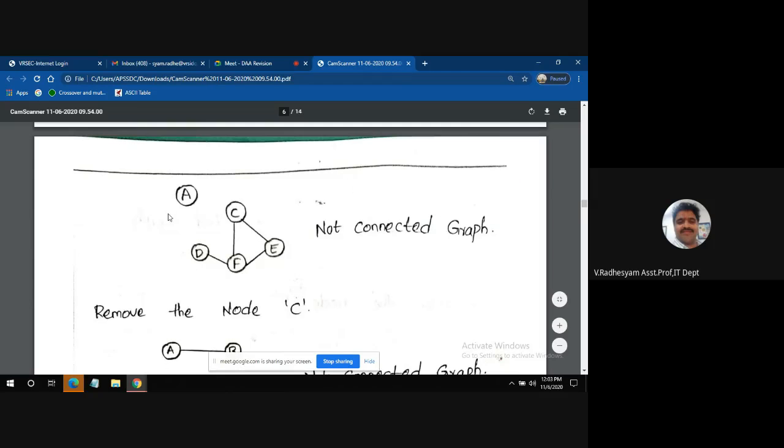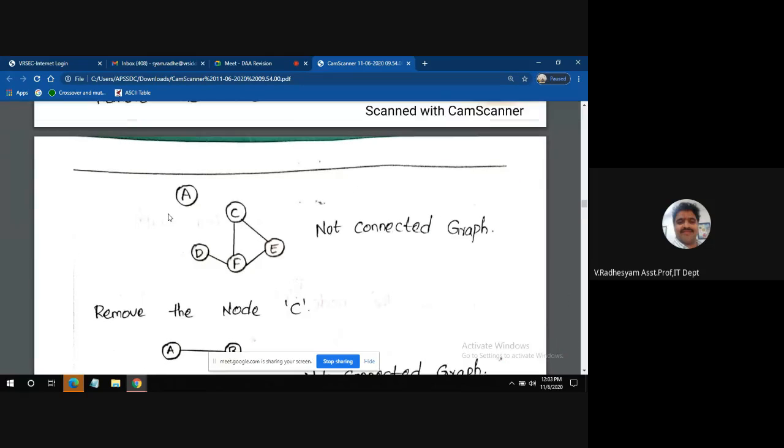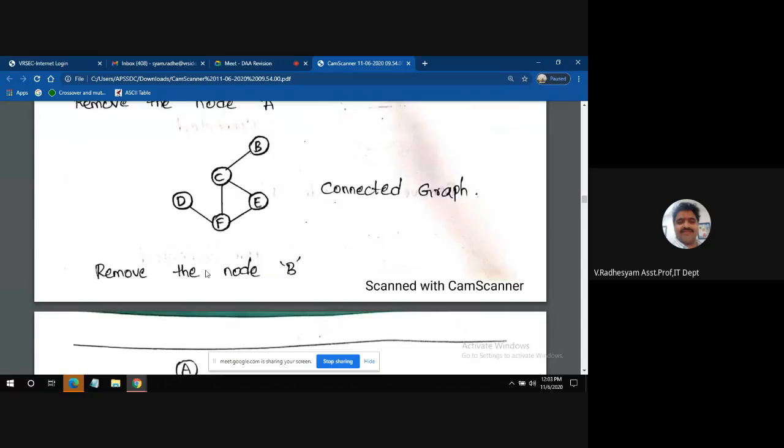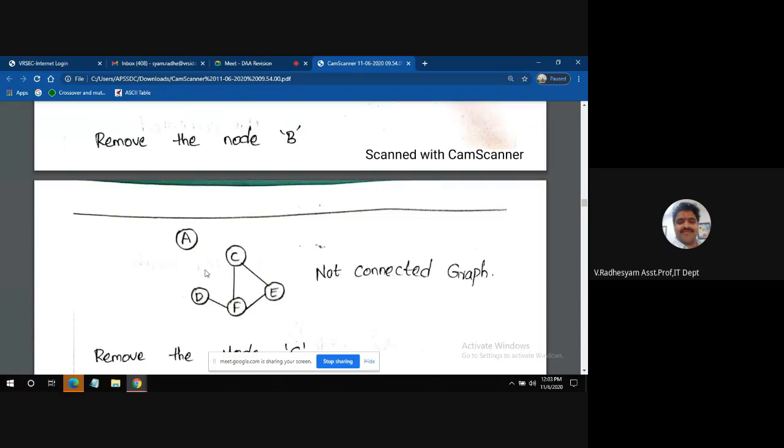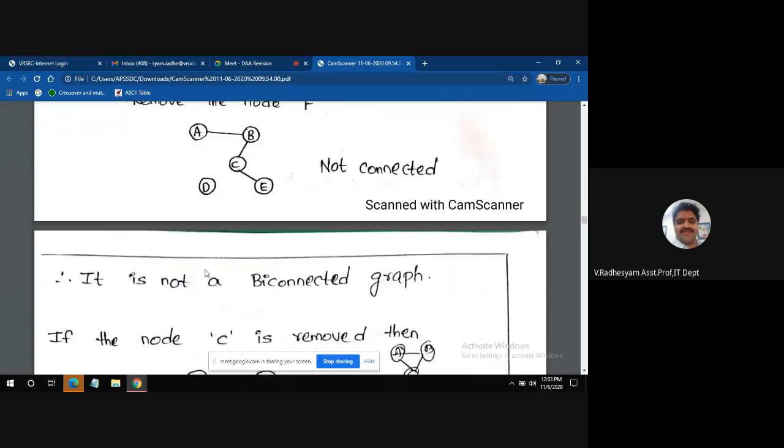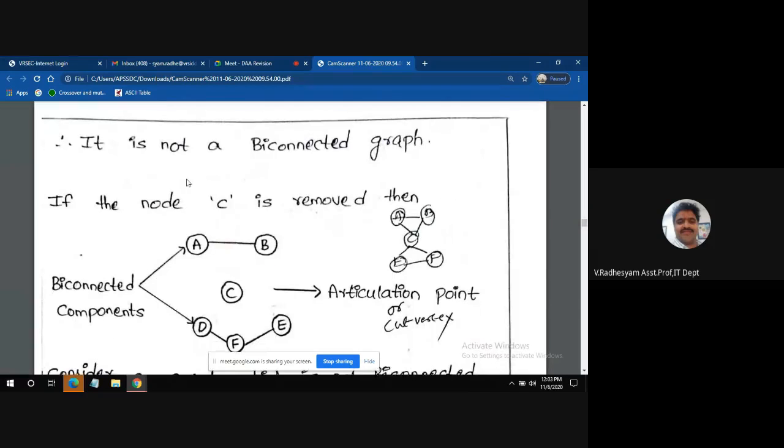This is happening. At that time, please don't be confused, B is called an articulation point or a cut vertex. Those separated components are called bi-connected components.